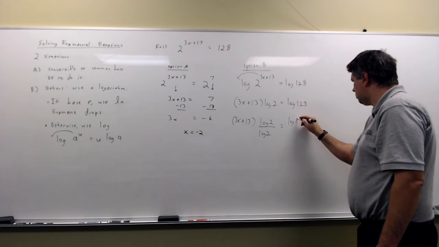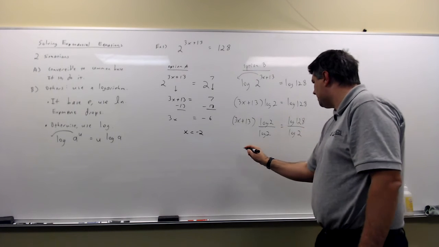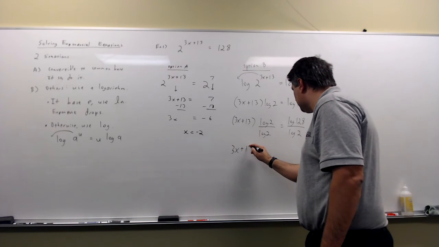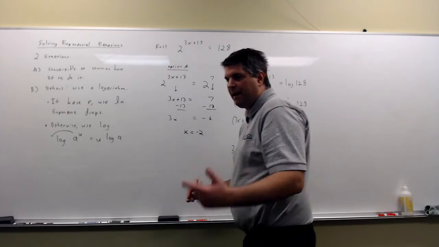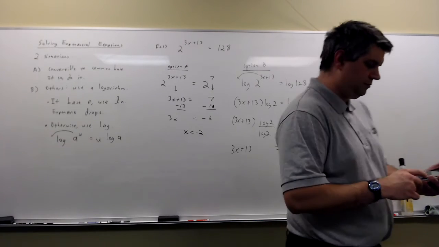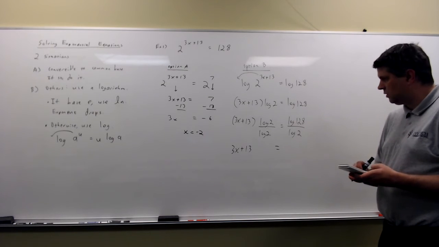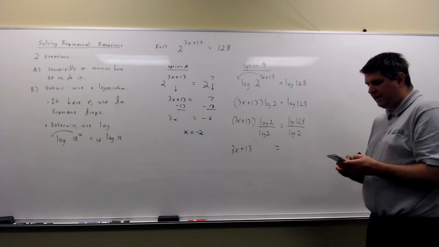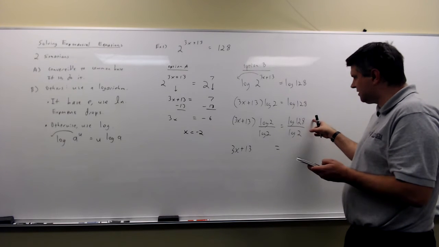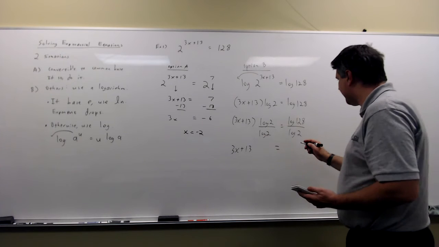So log 128 over log 2. So I end up with 3x plus 13. Get my calculator out. Log 128 divided by log 2 is 7.